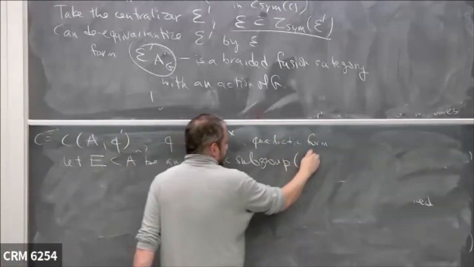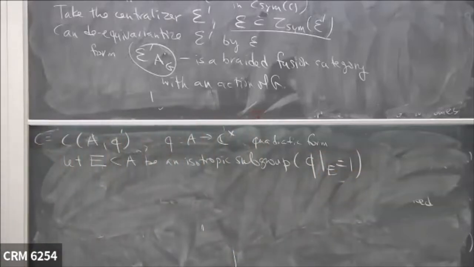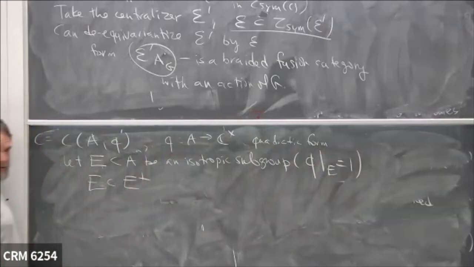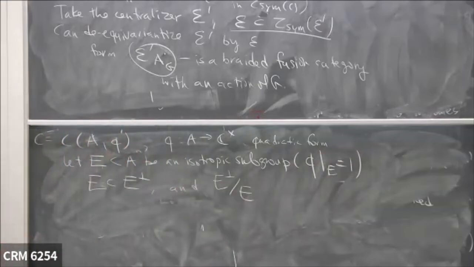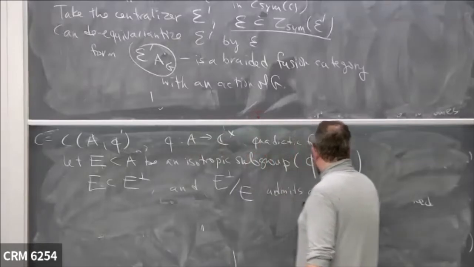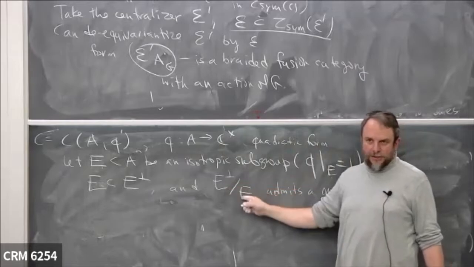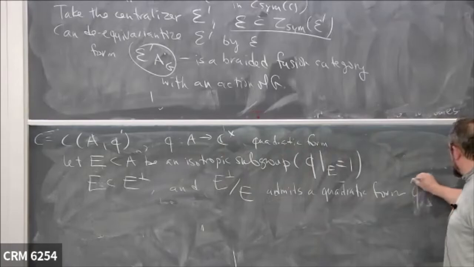By isotropic, I mean that Q restricts trivially to this subgroup. Then E is contained inside its orthogonal complement, and we can form the quotient. Of course, we can take the quotient of anything by anything in an abelian group, but now this quotient admits a quadratic form. The form Q descends to this quotient because it's trivial on E and E is orthogonal, giving a quadratic form Q tilde.